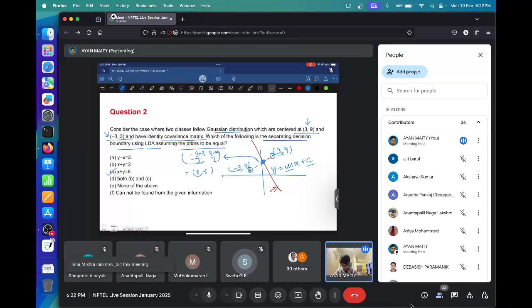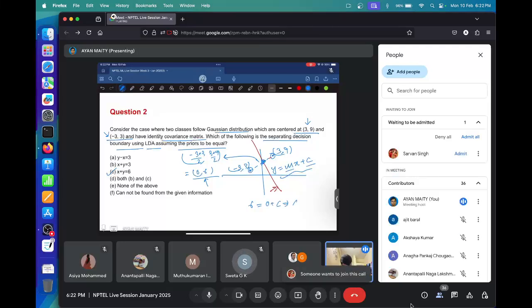So 0,6 is the midpoint, and this decision boundary goes through that point, so we can simply put this value 0,6 into this straight line, so it would give us 6 equals 0 plus c, so c equals 6.